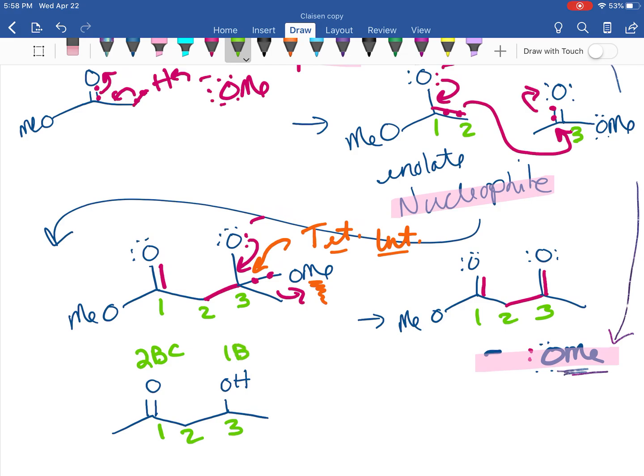Our typical aldol has our numbering like this, okay? And we have 2 bonds to carbon, and here we have just 1 bond to oxygen. And then if we compare that to our Claisen or our ester, now we've got 3 bonds to oxygen, and here we've got 2 bonds to oxygen.